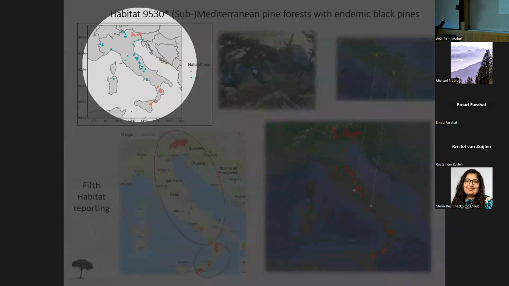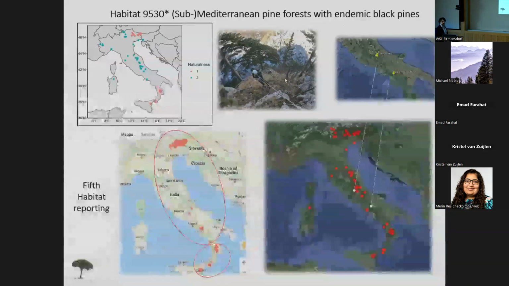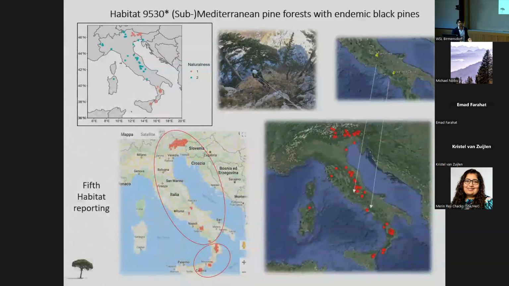But we knew that there are some relict sites here in Central Apennines. So last year, we went there sampling, actually climbing, yeah, because now I understood why nobody sampled before, because they are quite unreachable sites. So we try to fill the gaps in terms of distribution and knowledge of biodiversity of these forests, because I have seen here you have great data sets of basically everything, forest structure, species distribution, everything.